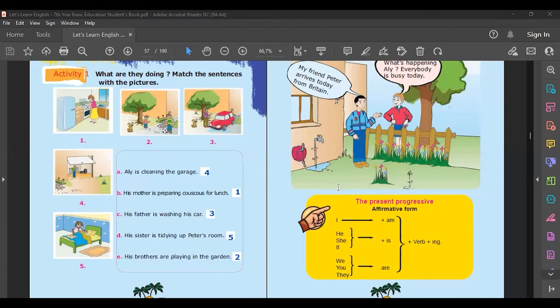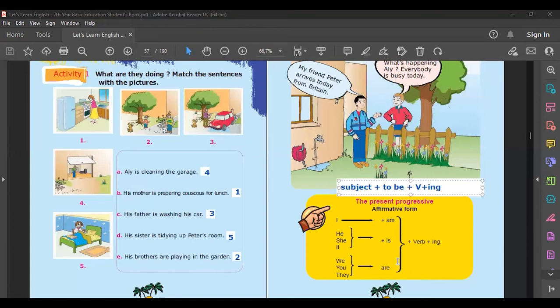It's very easy. The subject, which is I, you, we, they, he, she, it, plus to be, and to be can be am, is or are. Plus verb plus the ing form. So: subject plus to be plus verb plus ing.